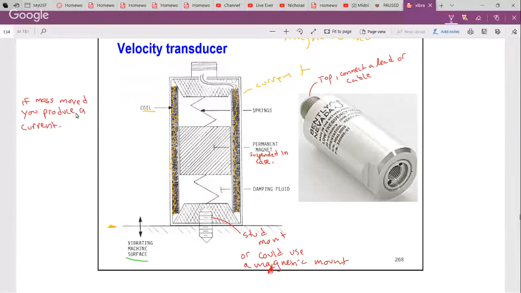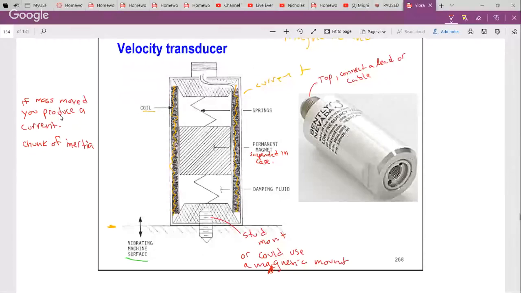Same principle. If you flip it around, if you were to hit the coil with the dynamic signal of the voltage varying with time, then what would happen is you could get this to move. You could move that mass. That's the same principle as a speaker.